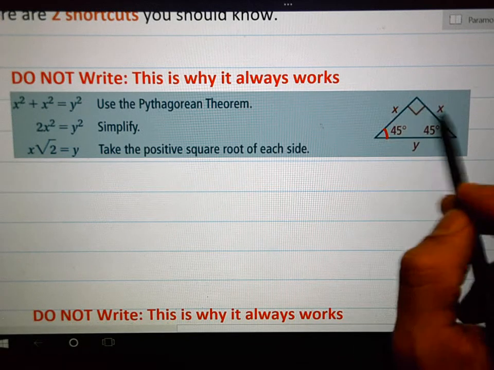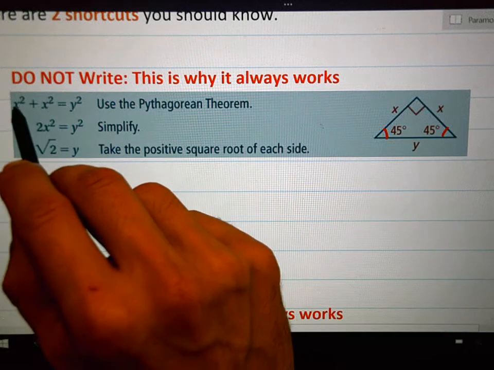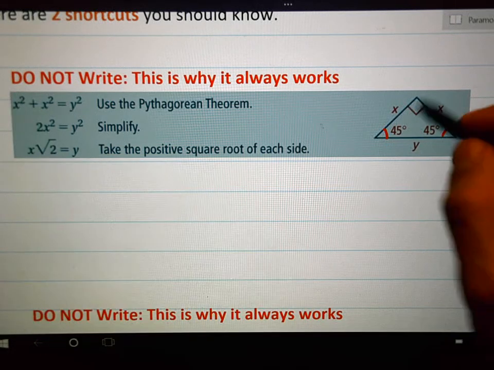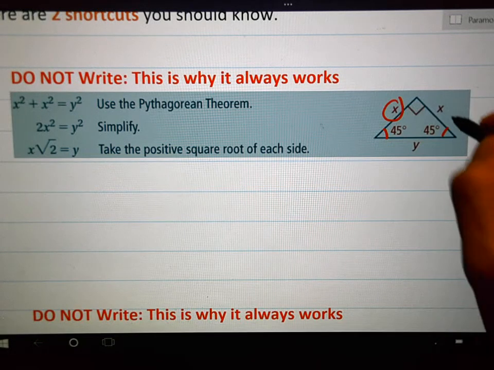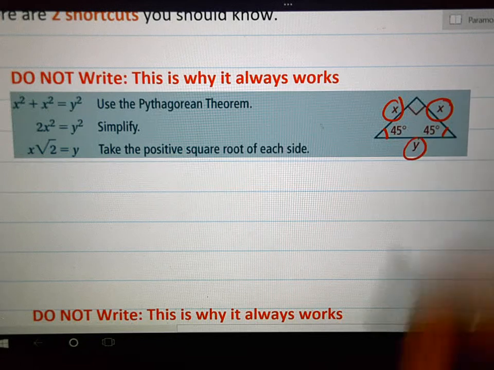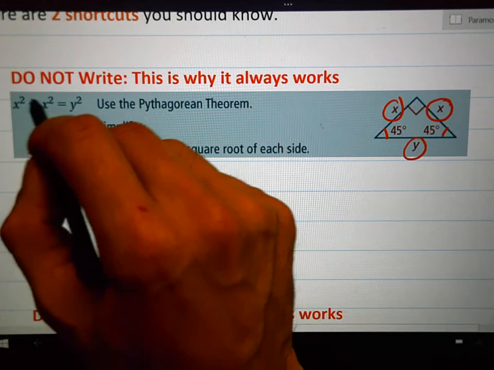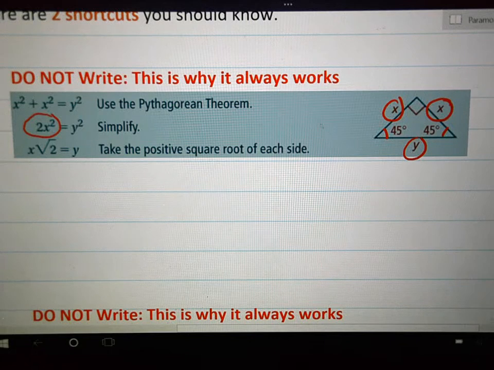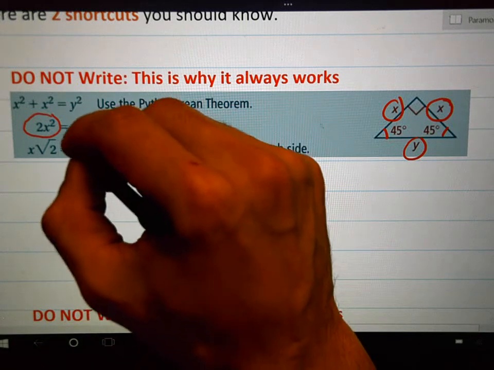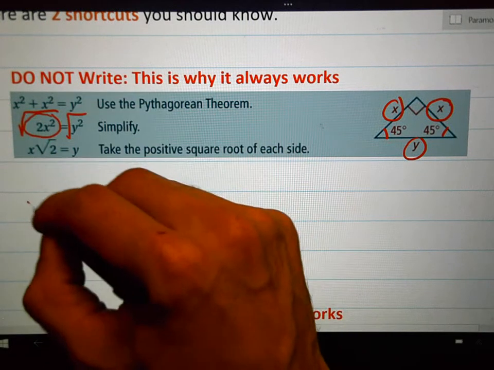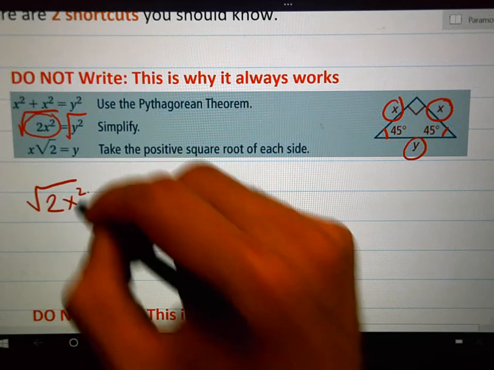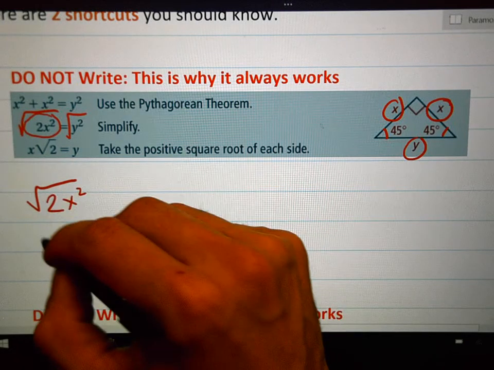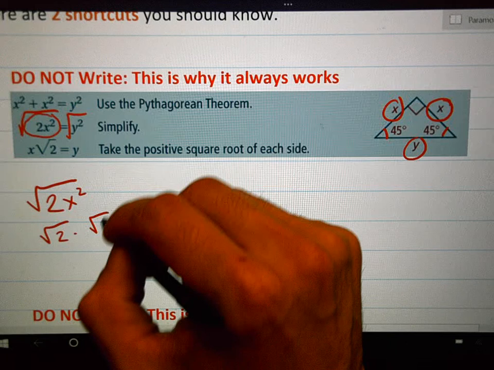And if I know that, the Pythagorean theorem says a squared plus b squared equals c squared. This squared plus this squared should equal that squared. x squared plus x squared is 2x squared. And let's say that's equal to y squared. If I want to know what y was, I would have to take the square root of 2x squared. That means it's the square root of 2 times the square root of x squared.